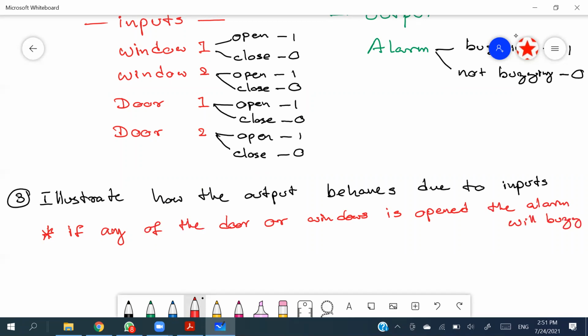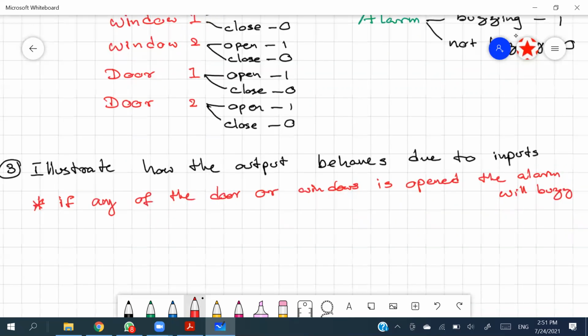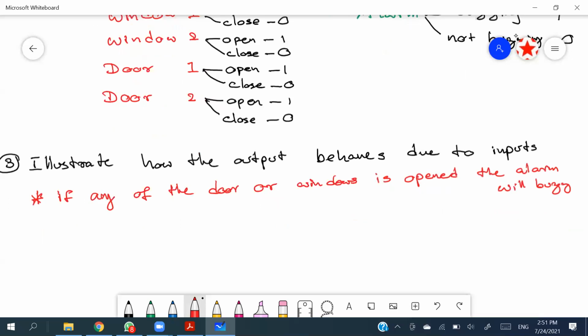Right? Now I'm going to write the same illustration with the involvement of window 1, window 2, door 1 and door 2. So how am I going to write this? You have to understand this pattern.